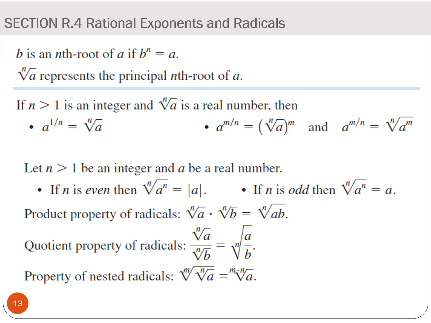The final property is called the nested radical property. The mth root of the nth root of a is just the m times n root of a. So the index is equal to the product of the two indices. For example, the square root of the cube root of a is the sixth root of a. So multiply the two indices.